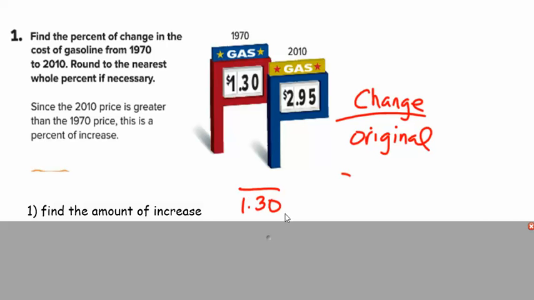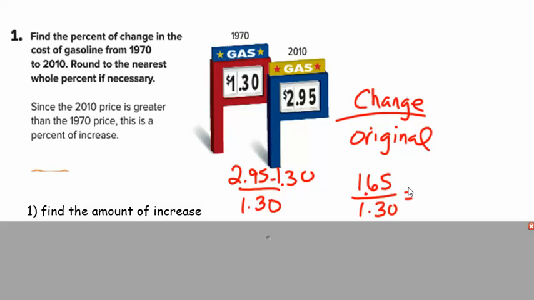The change is the difference between these: $2.95 minus $1.30 would give me $1.65 over 1.30.